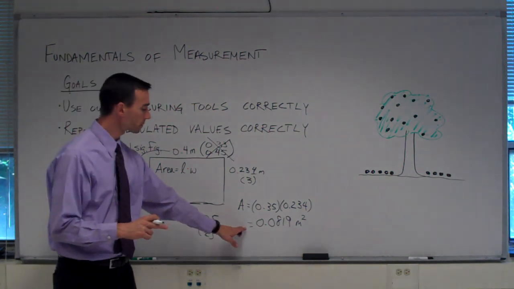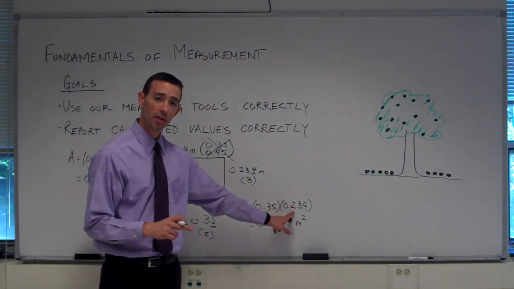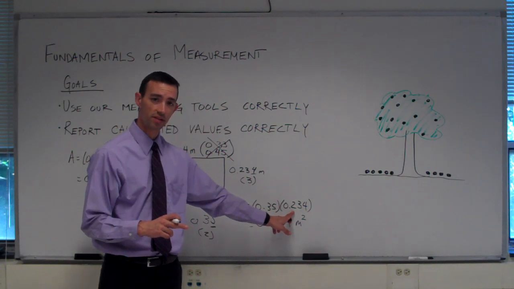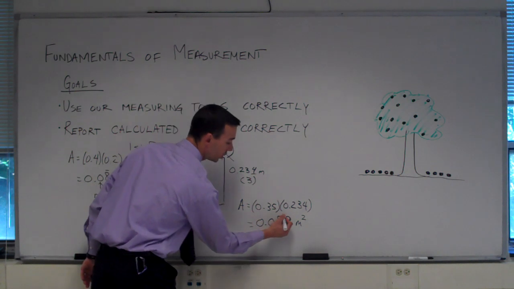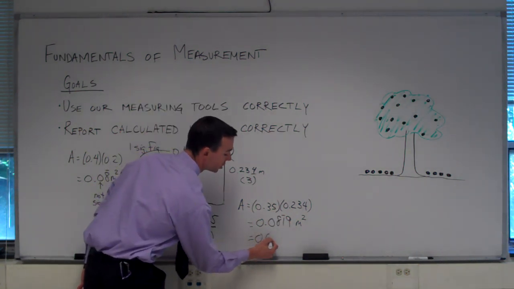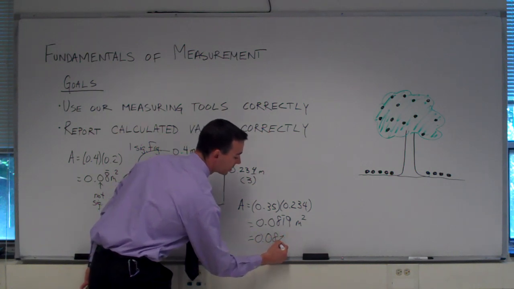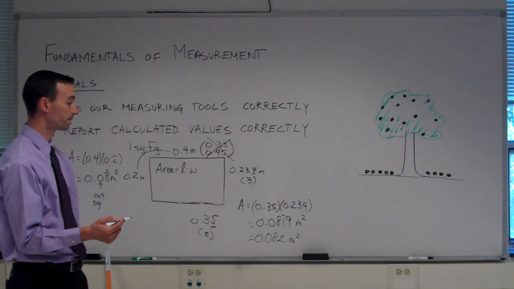Over here, though, we combine a number with two significant figures with a number with 3 significant figures. And the result, therefore, can only have 2 significant figures. So we should round this to 0.082 meters squared.